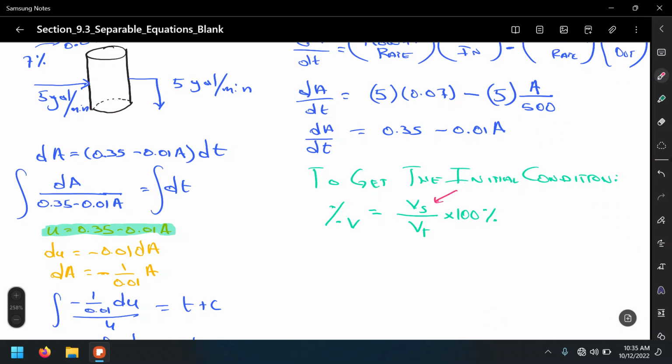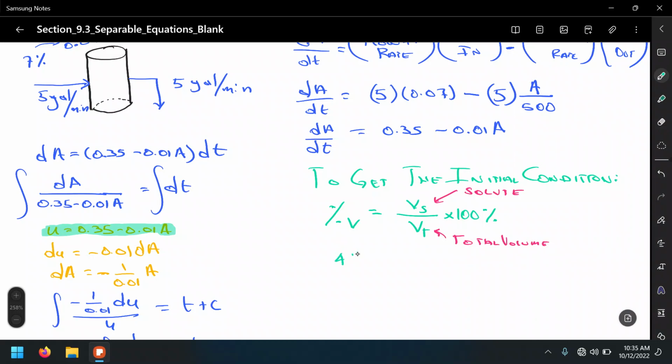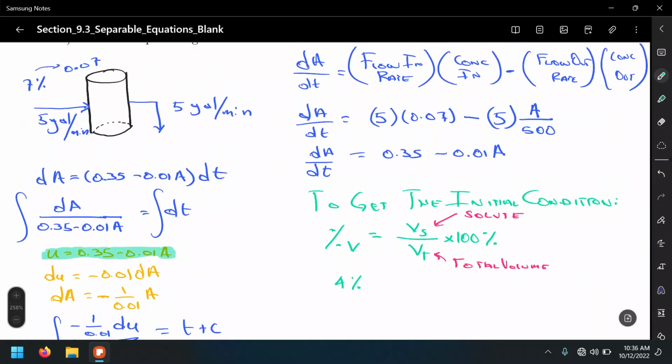As you know, percent is the amount of solute divided by the total. So that represents the solute, and that represents the volume of the mixture, the total volume. So what do we know in this case? They're telling us we have 4%.